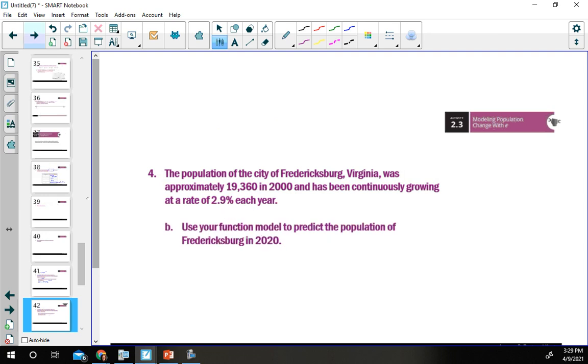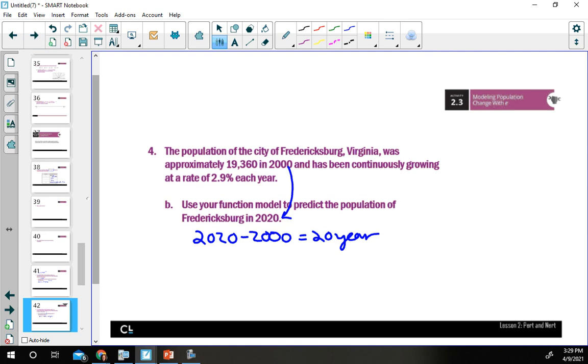Then we're going to put some actual time in. I start at 2000, but I go to 2020. How many years is that? If I take 2020 and take off that 2000, I'm going to be plugging in 20 for my years. So N of 20.